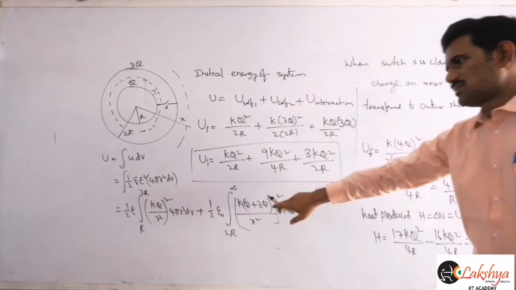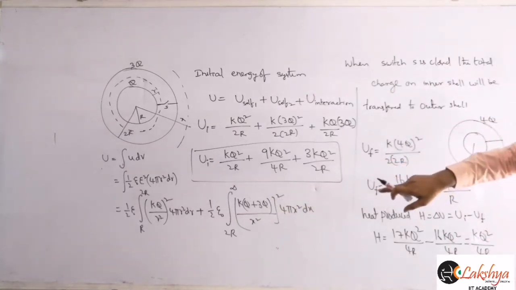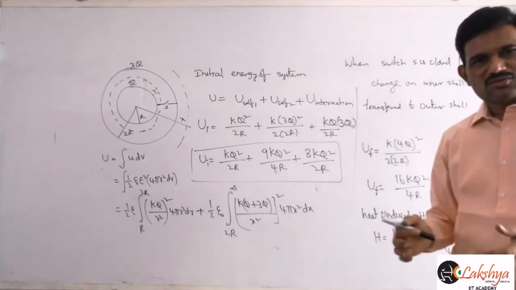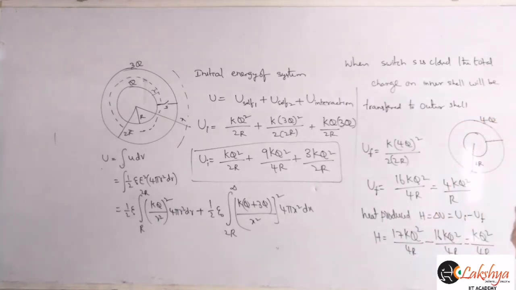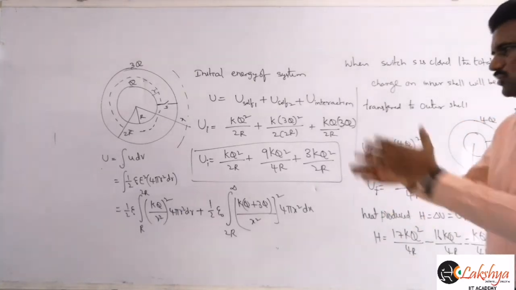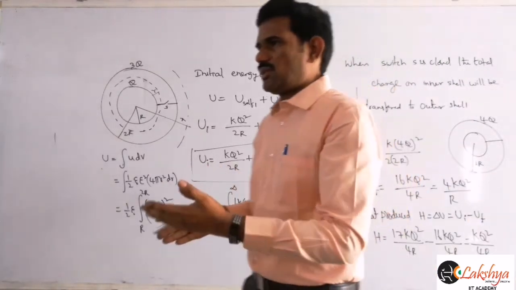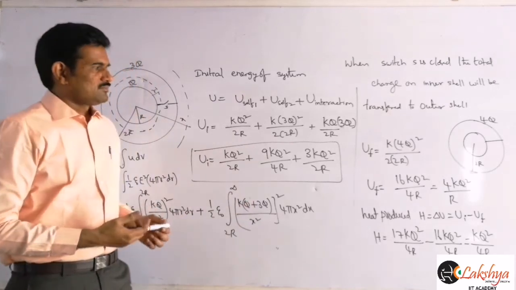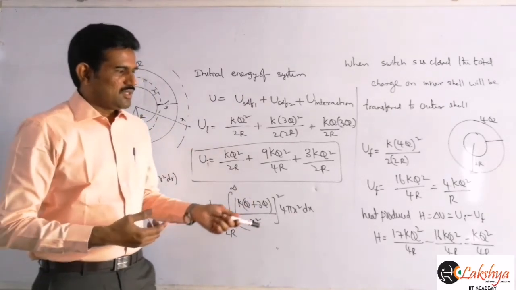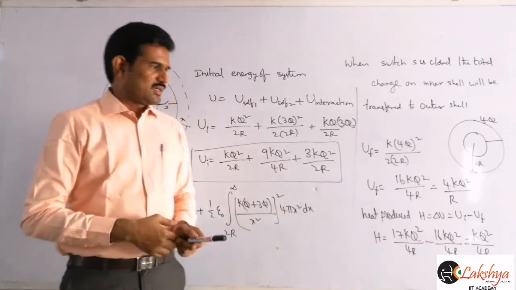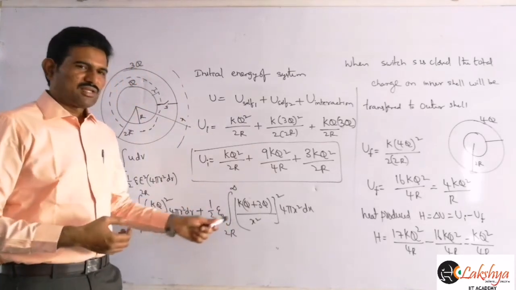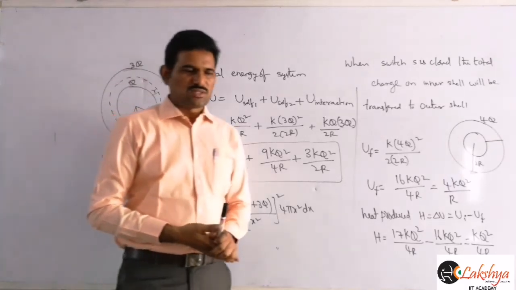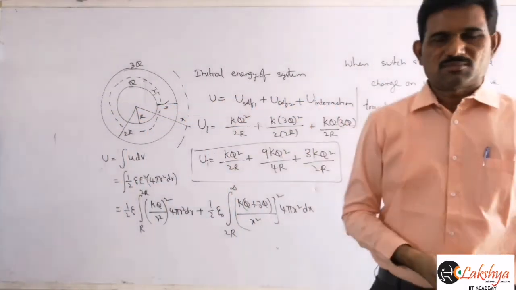Then we can integrate half epsilon naught E square into dV, where dV is nothing but 4 pi r square dr. So like that also you can calculate these energy values. Either you can follow our method as we derived already with self energy and interaction energy, or otherwise you can derive like this also, by integrating the energy density. We can use that to derive the energy of the system, right?